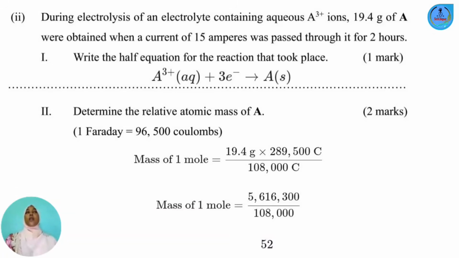So coming back to this, if what we used was 108,000 and it gave us 19.4 grams of A, what about if we want 1 mole? And we know that for us to get 1 mole, we need to use 289,500. So you substitute this and you end up having 52, right? So 52 is going to be the mass of A, which is the RAM of A.